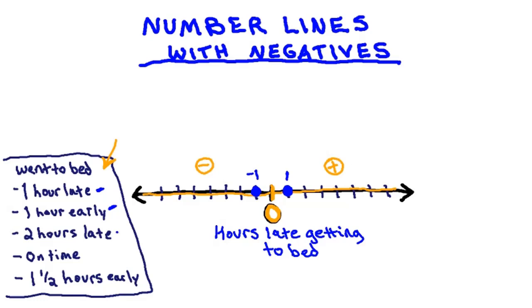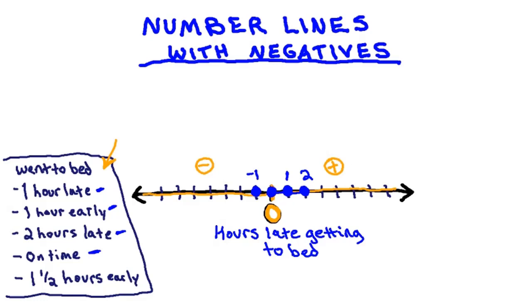Then Tuesday night, you went to bed 2 hours late. So that's going to be 1, 2, 2 hours late in the positives. And then the next night, you went to bed on time. So that's neither late nor early. So that's going to be right smack dab in the middle at the 0 marker, on time.